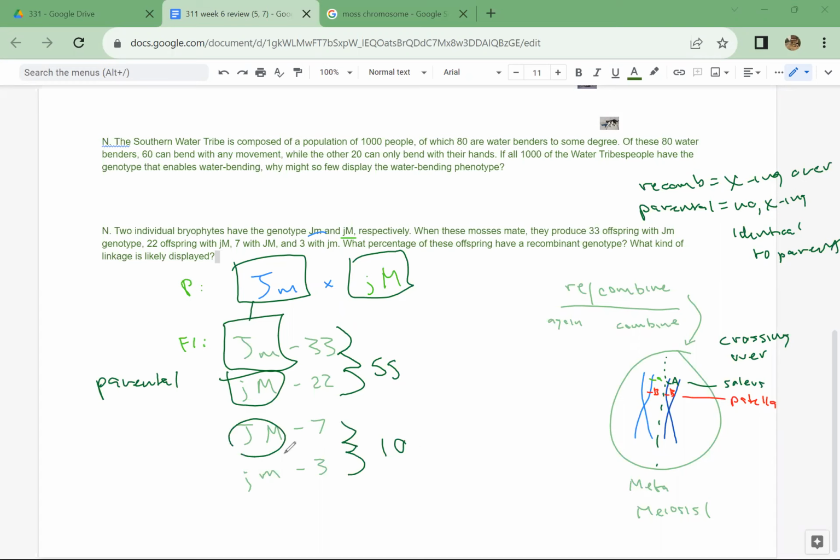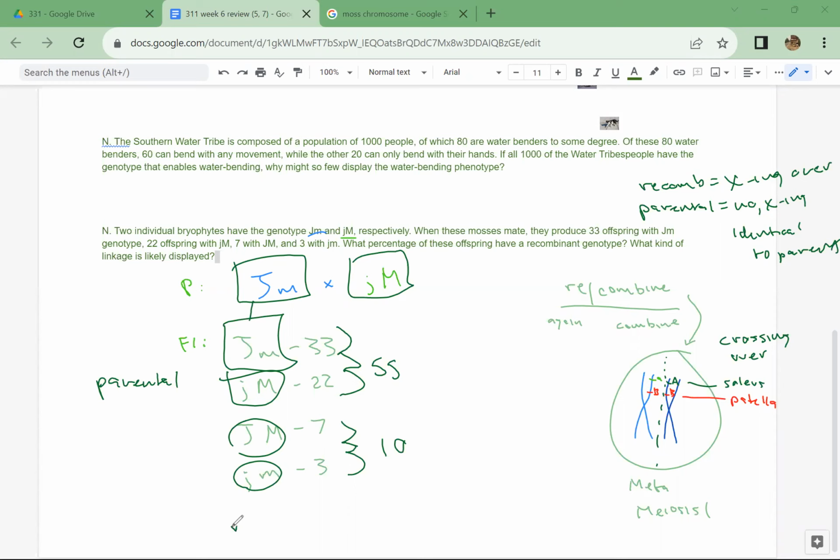You can tell that these are recombinant because at some point the parents had to have swapped, because this individual does not look like either parent. Say that J was all about the volume of, because these are mosses, they're all about the volume of your little microphylls.